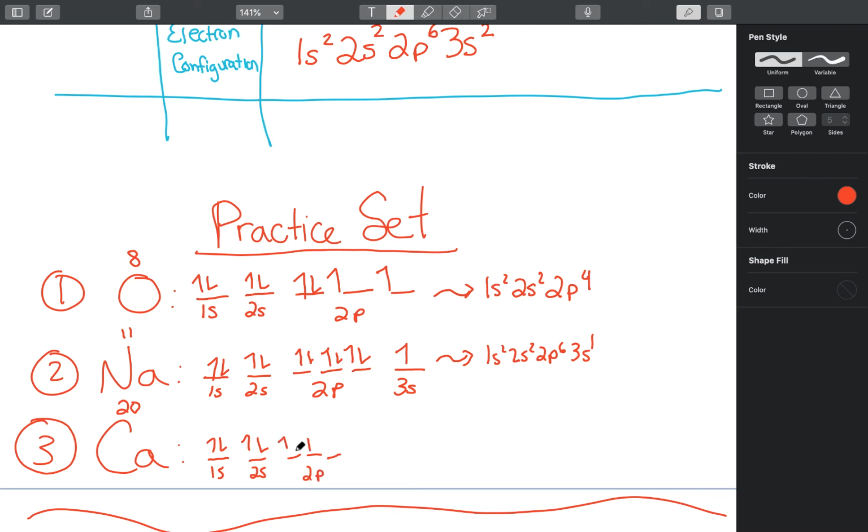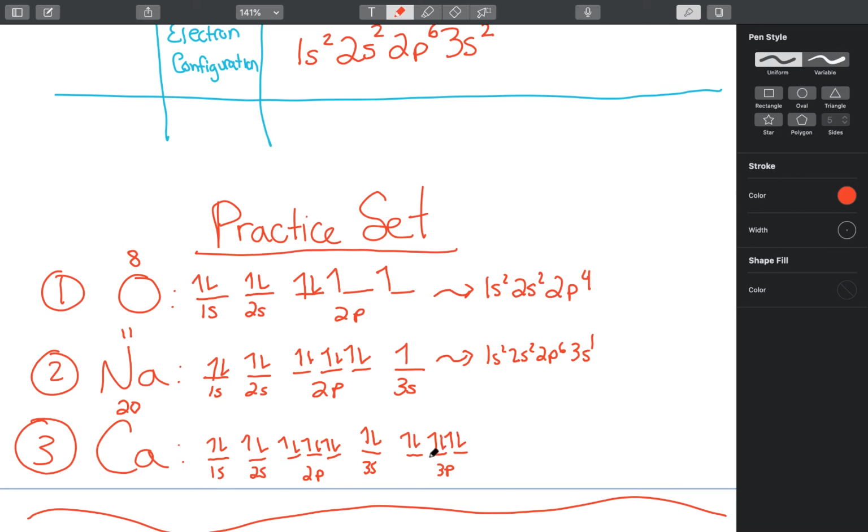So 1, 2, 3, 4, 5, 6. And then we move on to our 3s. So 1, 2. And then we go on to our 3p orbitals. So 1, 2, 3. So this is our 3p subshell. So 1, 2, 3, 4, 5, 6.